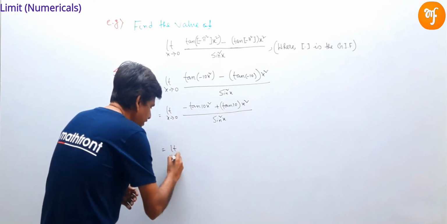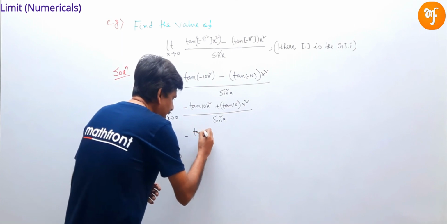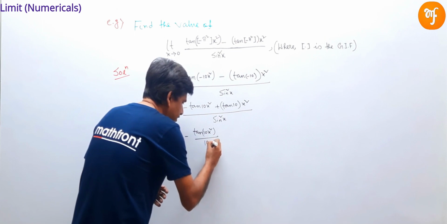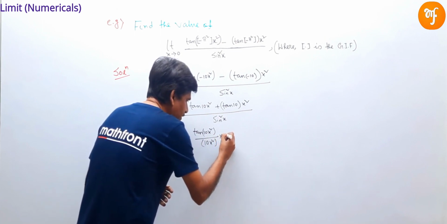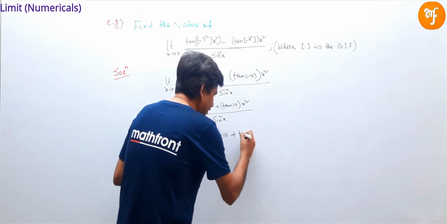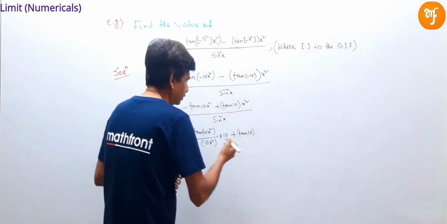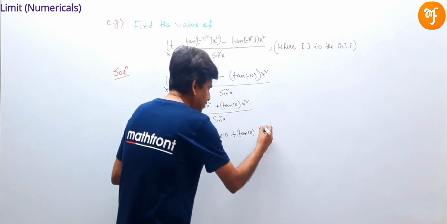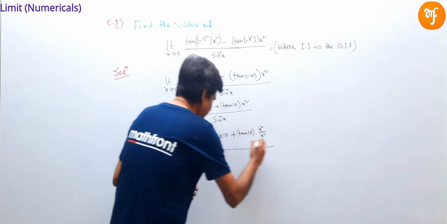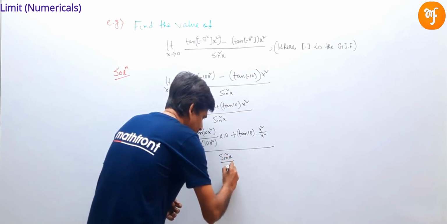it as limit x tends to 0 of minus tan 10x square divided by 10x square into 10, okay, plus tan 10 into x square by x square, okay, whole divided by sine square x divided by x square.